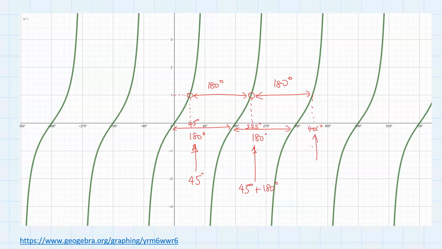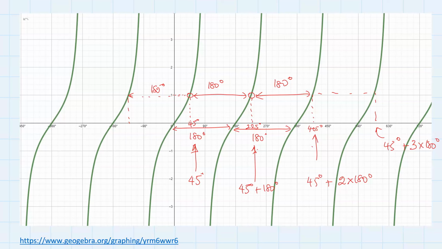This third solution is 45 degrees plus 2 lots of 180 degrees. So we can predict what the next one is going to be: 45 degrees plus 3 lots of 180 degrees. We can also see it goes in the other direction as well. We can subtract 180 degrees to find other solutions on the left-hand side, on the negative part of the x-axis.